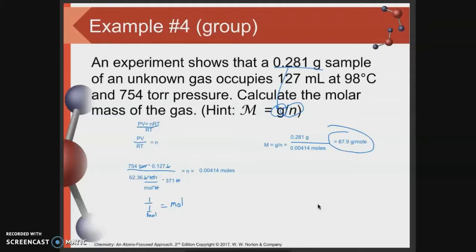So our next set of videos are going to be in a similar vein to this, where we're going to start using the ideal gas law to solve other kinds of laboratory-based problems, looking at things like density of gases, molar masses of gases from experimental data, or even using gas phase stoichiometry and the ideal gas law to help us do reactions that involve gases, whereas before we had to weigh them.